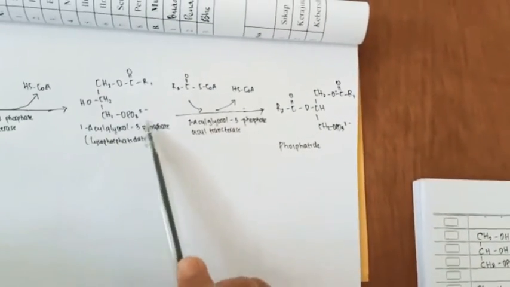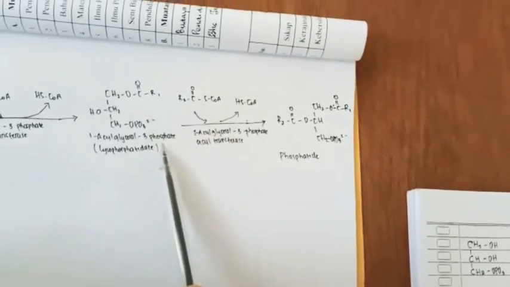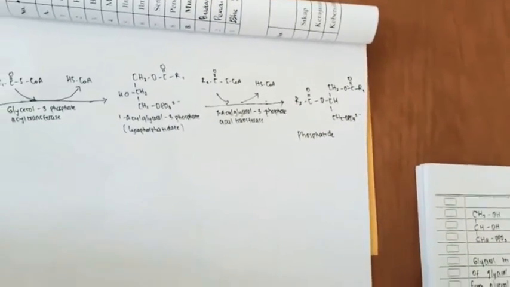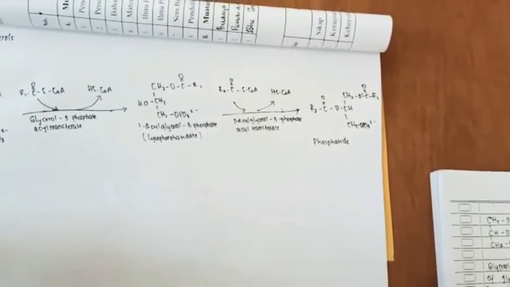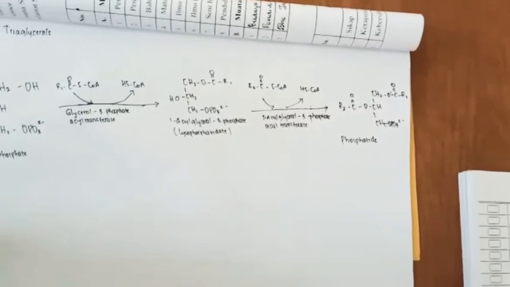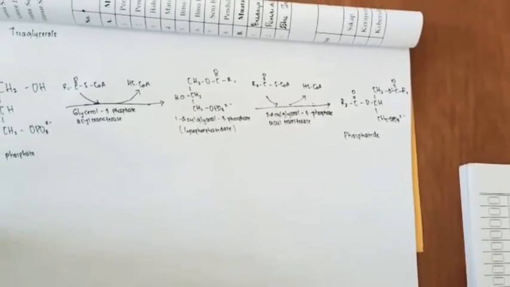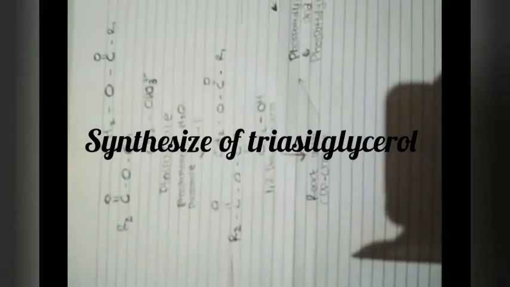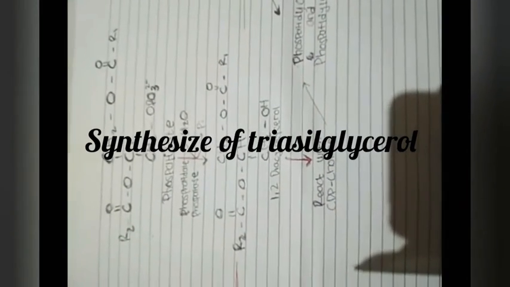From 1-acyl glycerol 3-phosphate it becomes phosphatidate and produces HSCoA. So the reaction of synthesis of phosphatidate produces 2 HSCoA.